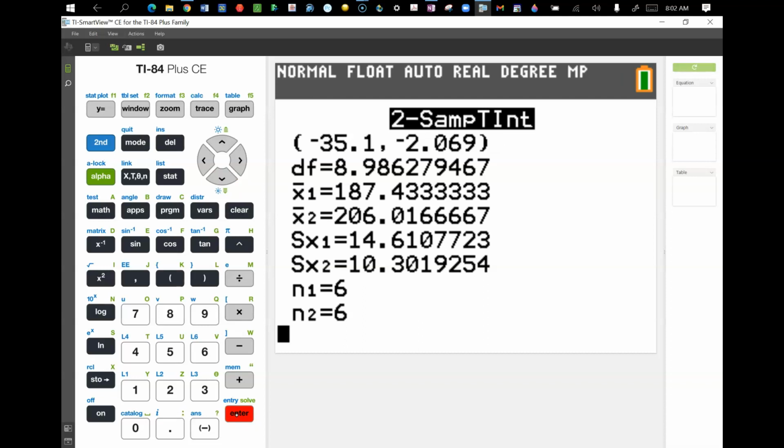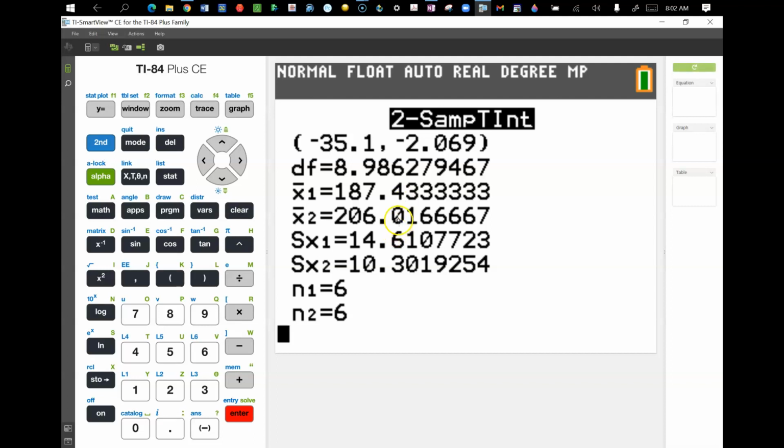Okay, so this is important. Since the calculator defaults to x1 bar minus x2 bar, and we switched the order from the way I wrote it in the notes a moment ago, you will see that we got a confidence interval that went from negative 35.1 to negative 2.07, which is basically the opposite of what I got.